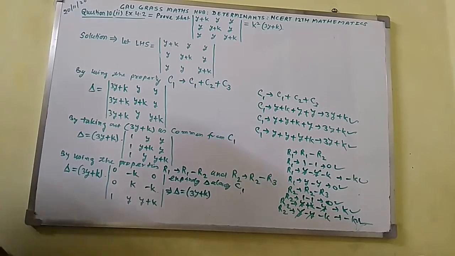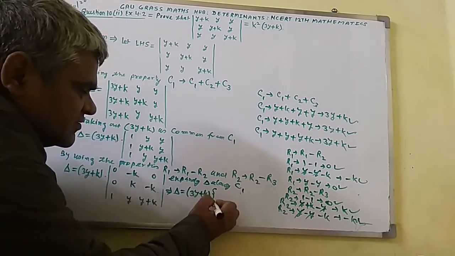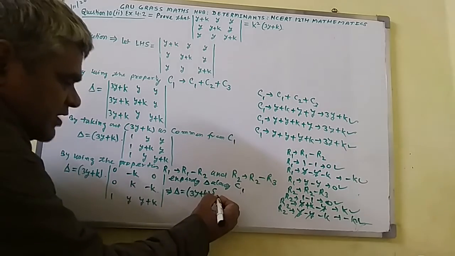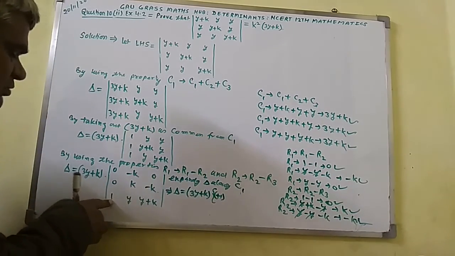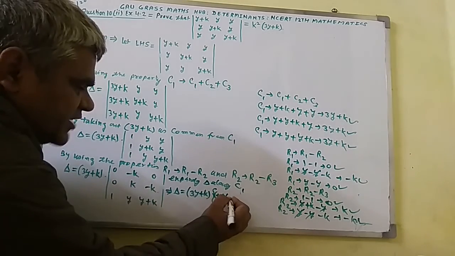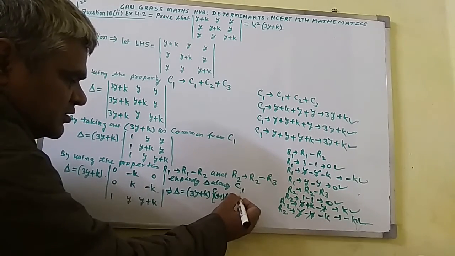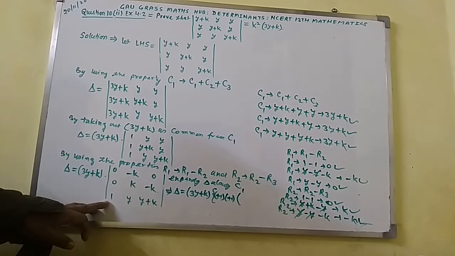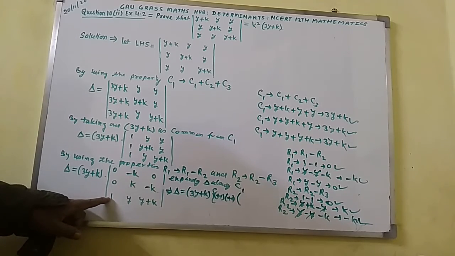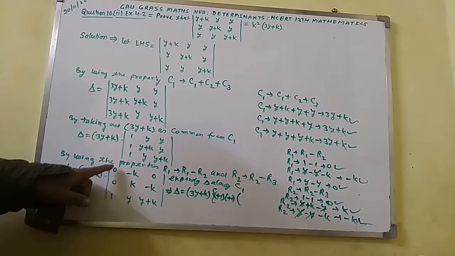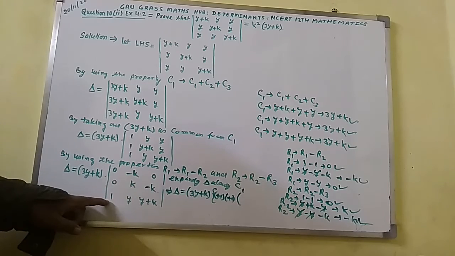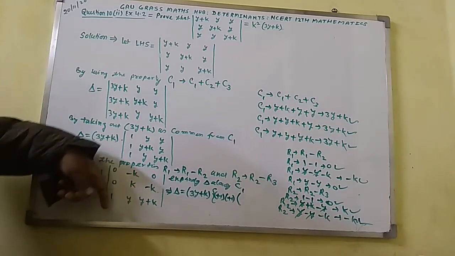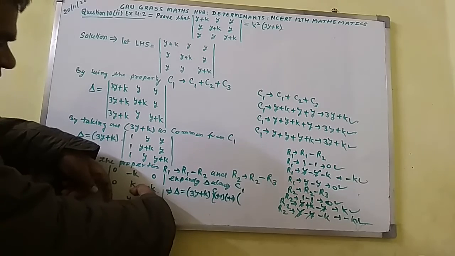So here you will get an open curly bracket, plus 1. I shall write plus 1. After that, this element will be written with its sign. Just get the minor of plus 1. Since plus 1 is in the first column and third row, the first column and third row will be hidden.